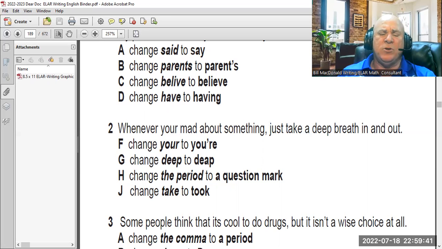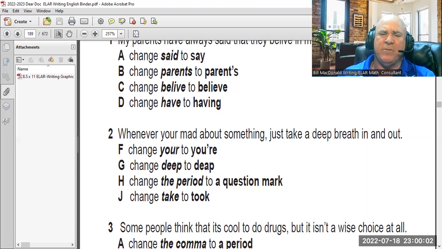So what I'm going to do in closing is, let's say you only have time for one of these a day that you already practiced. So we'll do like our Dear Doc time, our daily editing and or revising of development, organization, and conventions, because that's what it says on the top of the page.